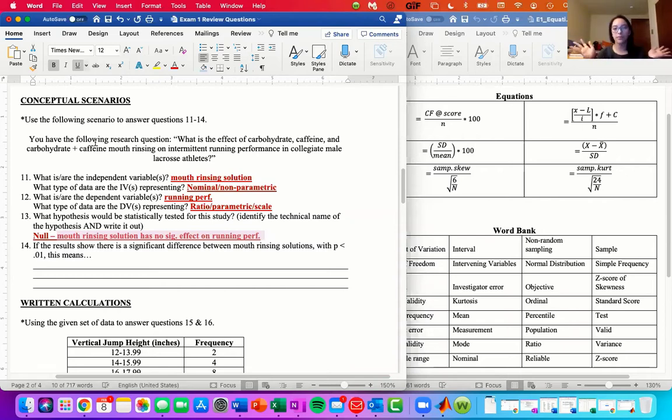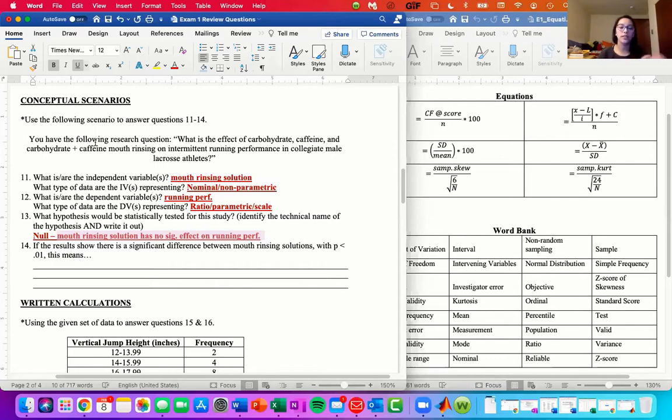So let's keep the mile time as our running performance dependent variable, right? So the null hypothesis says that the running time for the carb group is the same as the caffeine group, which is the same as the combined solution group, okay? The alternate hypothesis, or your research hypothesis, would say that there's at least one significant difference between those groups.